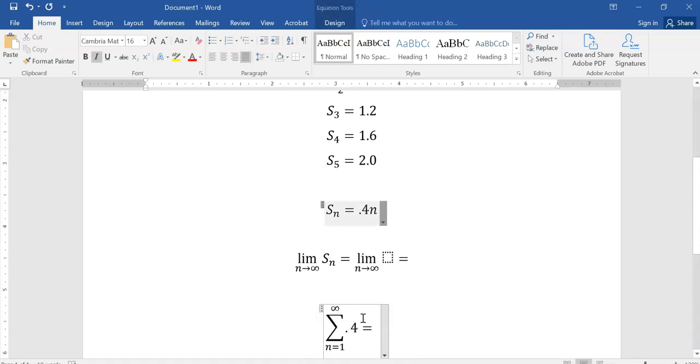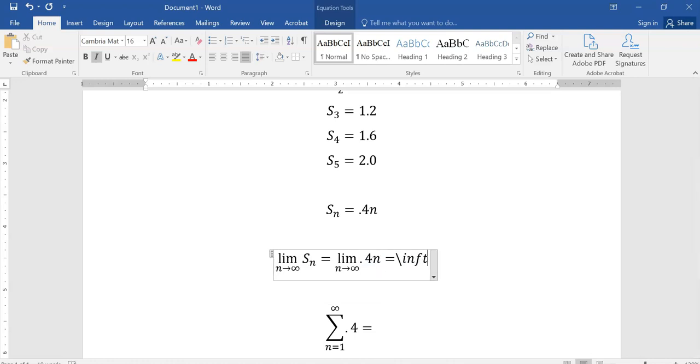Now we're trying to find, remember, the infinite series, which means we look at this sequence and we take the limit as n goes to infinity. So the limit of 0.4 times n as n goes to infinity is in fact infinity. All right.